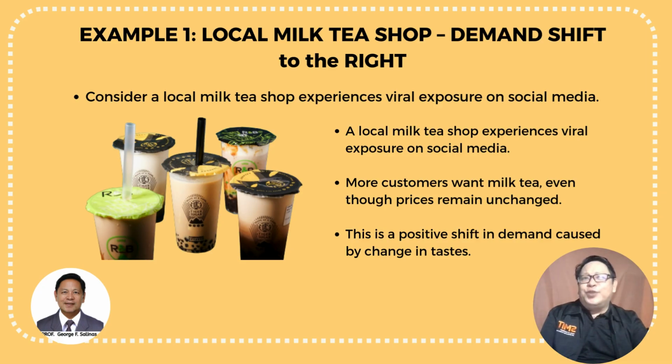A positive shift in consumer preferences caused by a viral social media exposure would definitely increase the number of customers wanting milk tea at the original prices. This is known as a shift in demand, where the entire demand curve moves to the right.